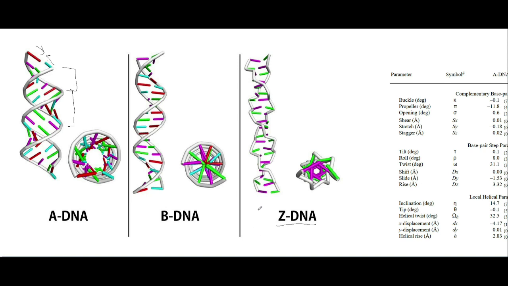You can generate this with a very specific solution of different salt concentrations. I don't really remember how you go about forming A DNA, but for our purposes, we're just going to think about B DNA. And so B DNA has that structure that we talked about above.